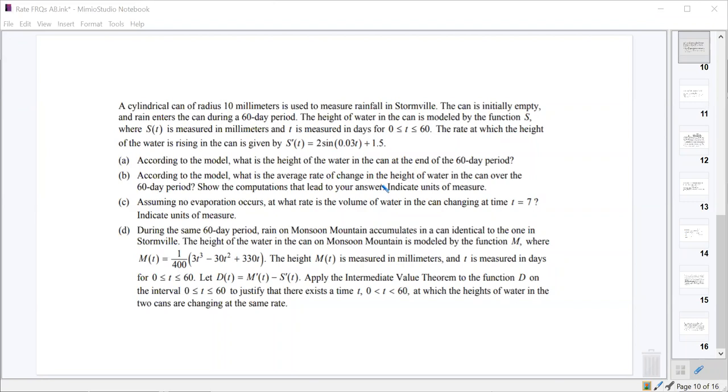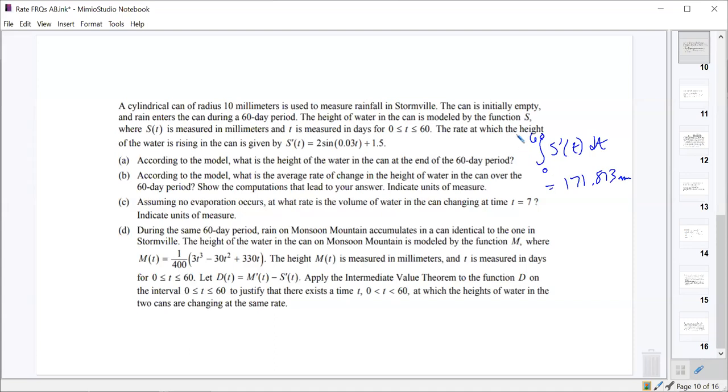So all we need to do is figure out what the integral from 0 to 60 is of s prime of t dt, right? S prime being the rate. And looks like that came out to be 171.813 millimeters.